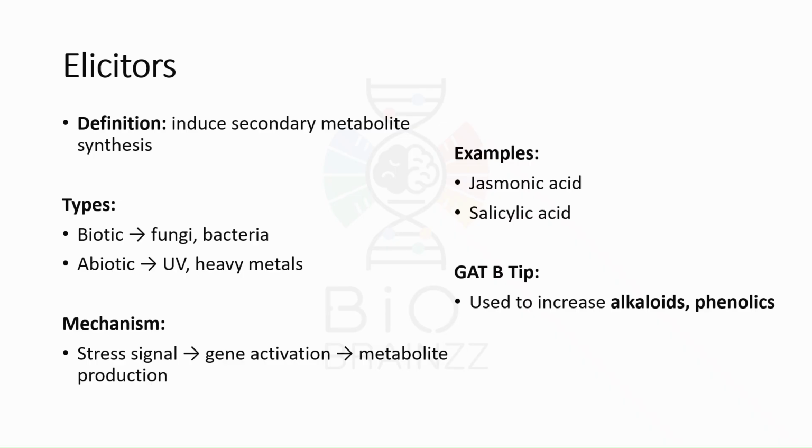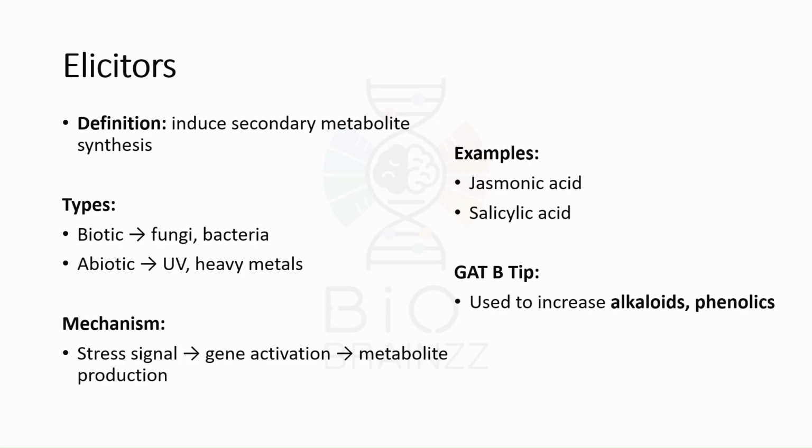Elicitors are substances that increase the production of secondary metabolites in plants. They act like stress signals and activate defense pathways in plant cells. This leads to increased production of compounds like alkaloids and phenolics.